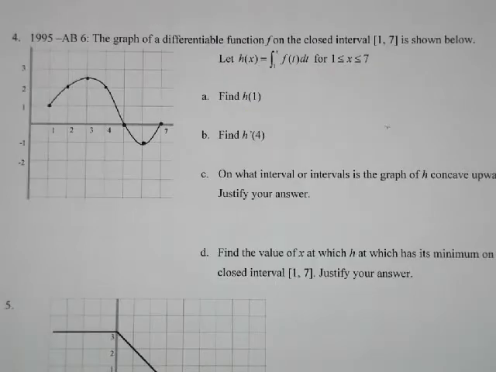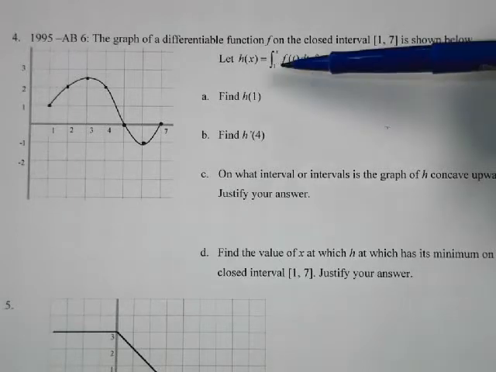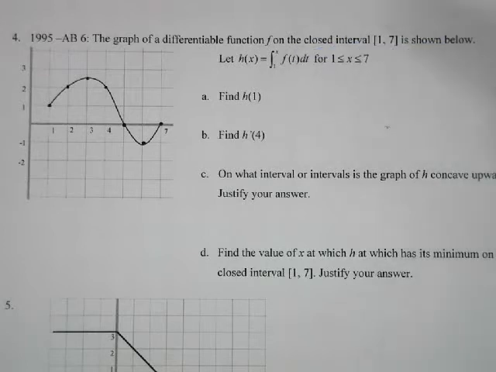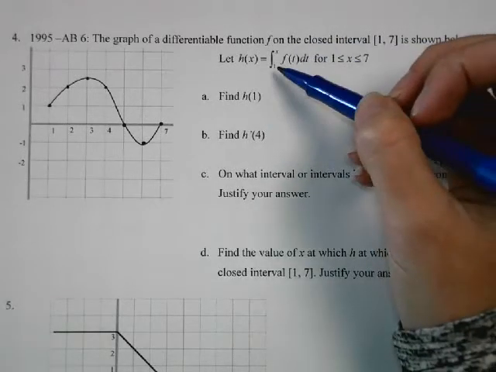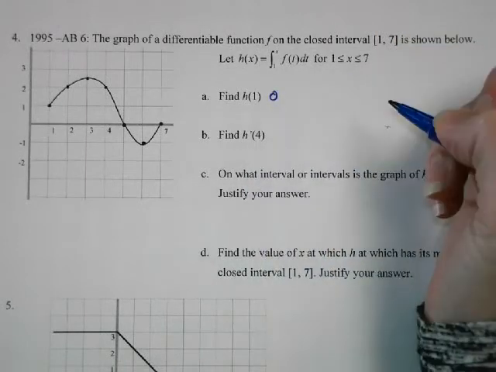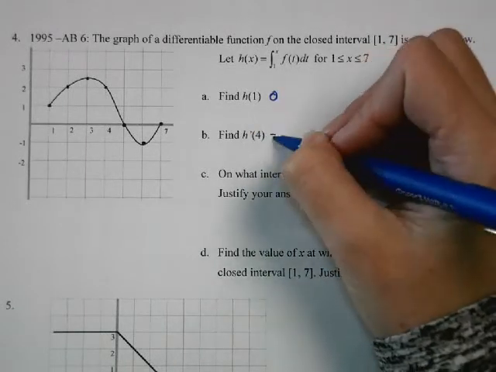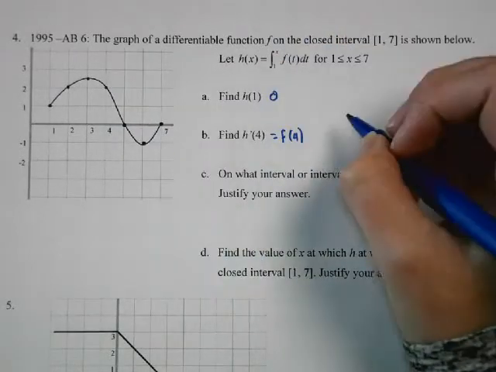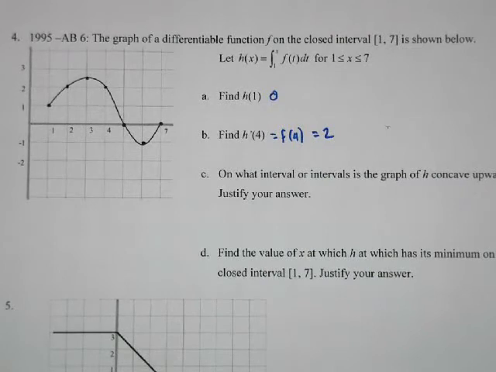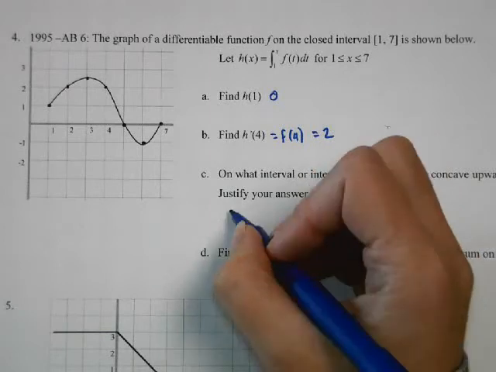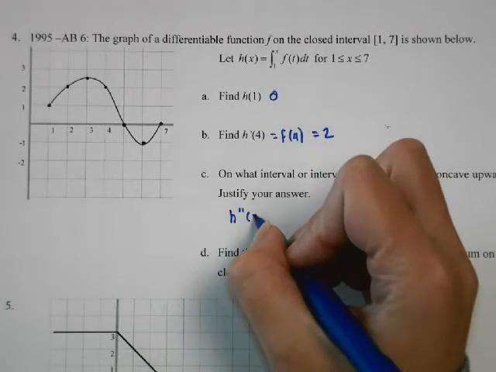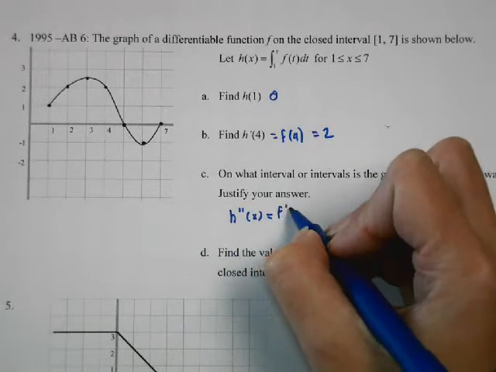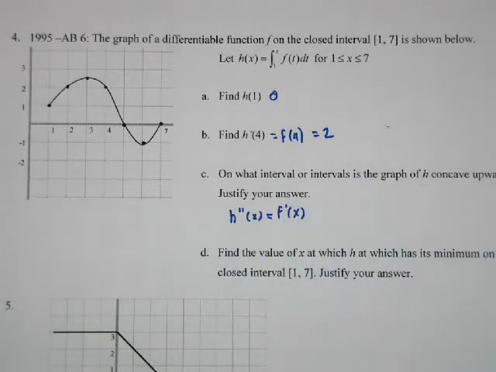All right, so here's a function on the closed interval 1 to 7. The h of x is the integral from 1 to x of f of t. What is h of 1? The integral from 1 to 1 is 0. H prime of 4 is going to equal f of 4, which is 2. On what intervals is the graph of h concave upwards? The second derivative of h equals the first derivative of f.